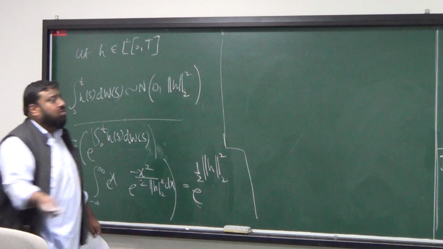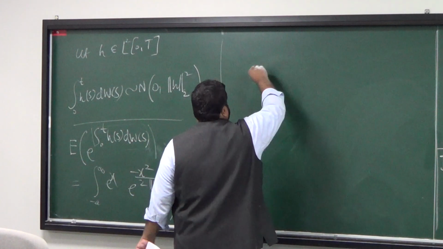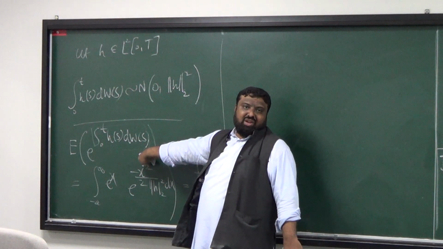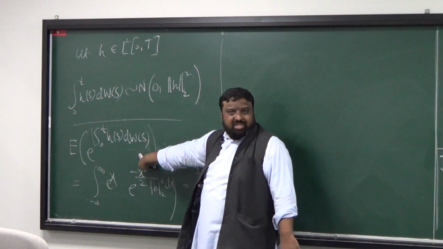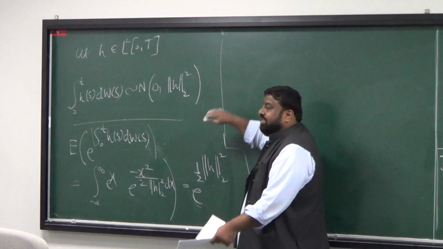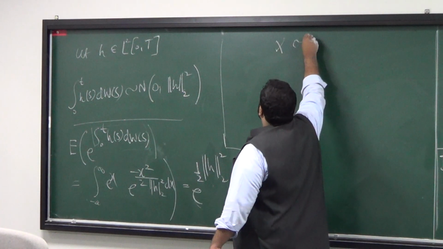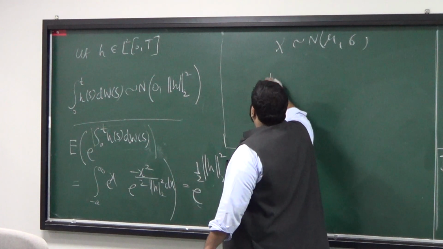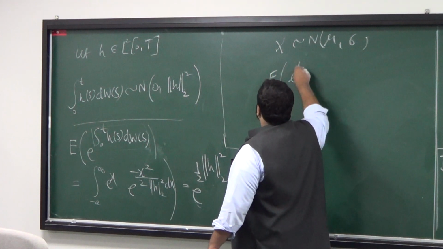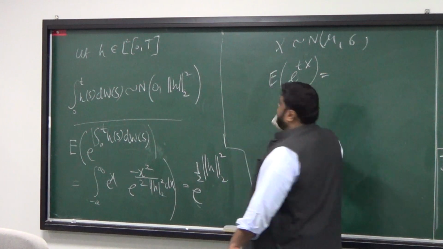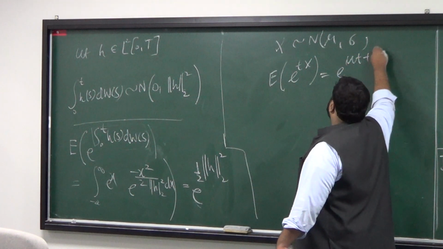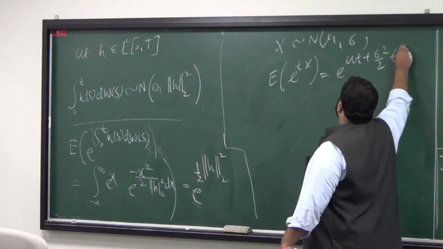But you can also deduce it from the moment generating function, isn't it? So what was the moment generating function? If you have a normally distributed random variable with mu and sigma, then the expectation of e to the tx is e to the mu t plus sigma square over 2 t square.